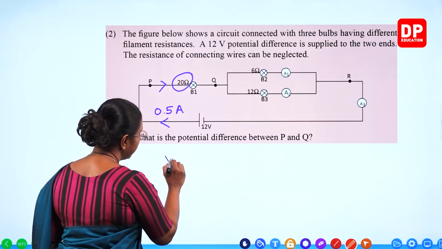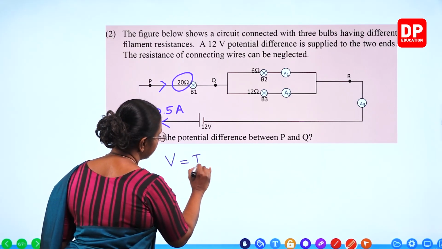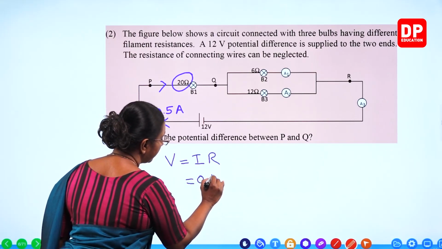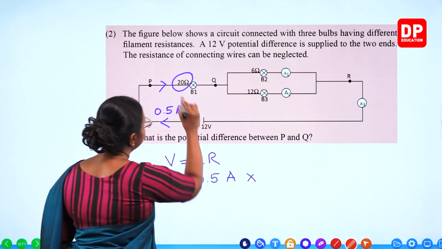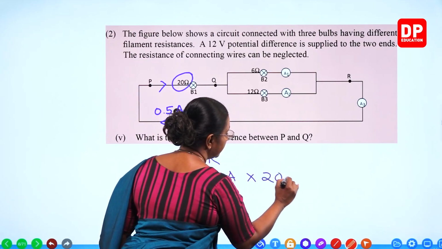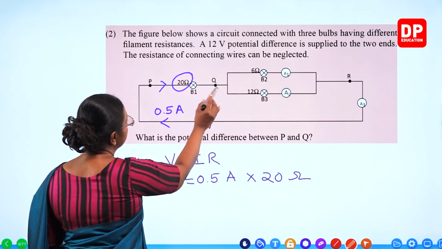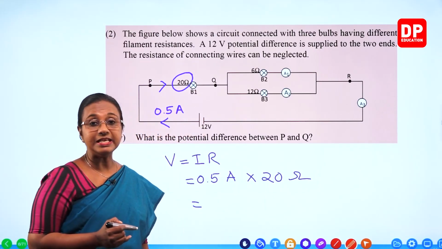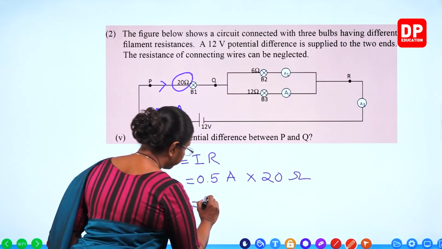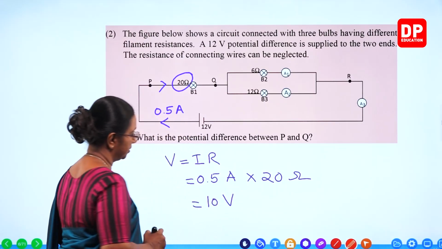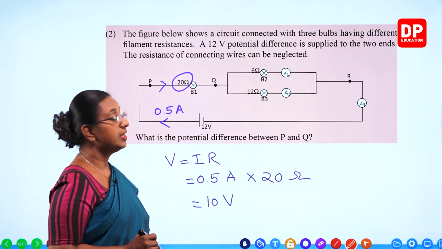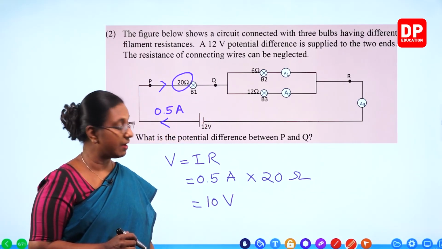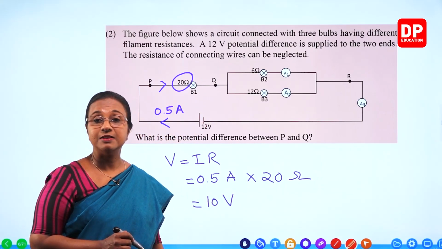You need to use the equation V equals IR, I 0.5 amperes and resistance 20 ohms because it's only between P and Q. So 0.5 into 20, it's 10 volts. So the potential difference across P and Q or across the bulb B1 is going to be 10 volts.